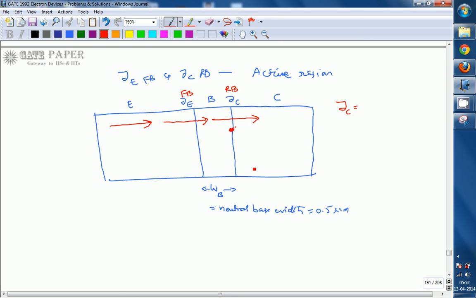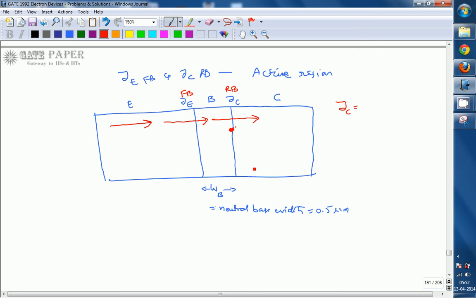Whether we have to consider drift current density or diffusion current density, because we are applying voltage also, here you must consider the diffusion current density because the collector base junction is reverse biased. Because of reverse bias, no current flows in the collector by itself. The collector current is flowing because the emitter junction is forward biased.